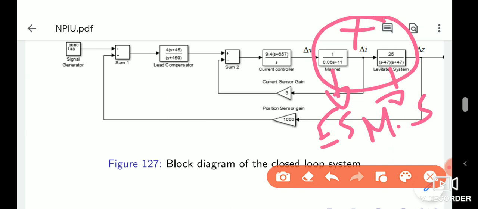Now for the electrical system, we have designed this current controller, the inner loop. And for the mechanical dynamics, for position control, we have designed this lead compensator using MATLAB and Simulink. Keeping in mind that we have kept the gain margin at 60 dB and the phase margin at 30 degrees.